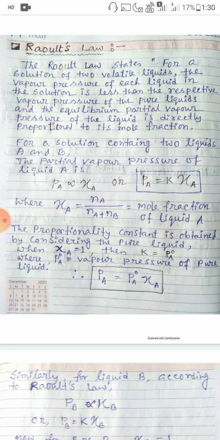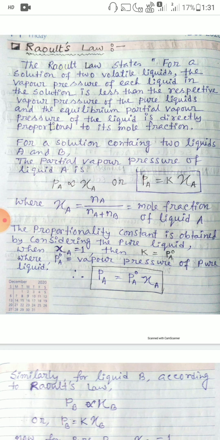Now the proportionality constant K is obtained by considering the pure liquid. If you take liquid A only, then you can also apply Raoult's law. In the case of pure liquid, the mole fraction Xa will be equal to 1, because component B is not present there. That's why the total vapor pressure is only due to the vapor pressure of A, and the mole fraction Xa is equal to 1.